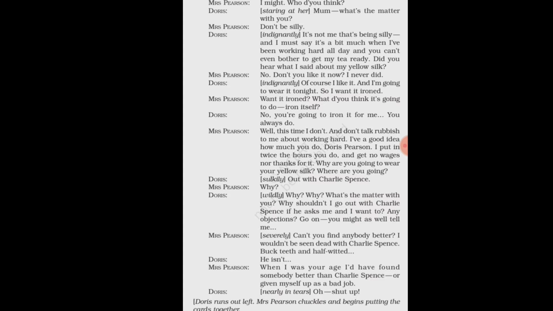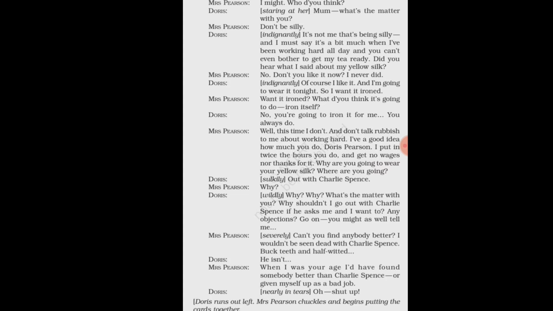So, in this conversation between her daughter and Mrs. Pearson, Mrs. Pearson says she might go out, and asks who do you think? Doris replies, staring at her, asking what her problem is with her. Mrs. Pearson also says don't be silly. Doris says it's not her being silly, she's been working so hard all day and her mother won't even bother to get her tea ready.